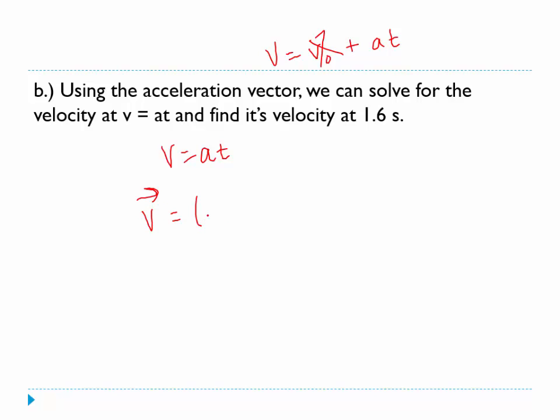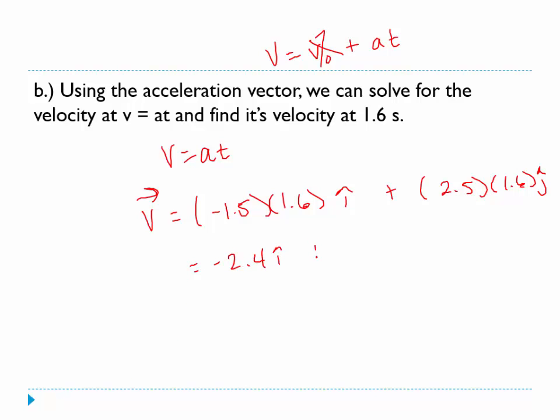The acceleration in the i direction is negative 1.5, and the time is 1.6, and that's in the i. And then in the j, we have 2.5 and 1.6, and that's in the j. And then our answer is negative 2 i hat plus 4 j hat there.